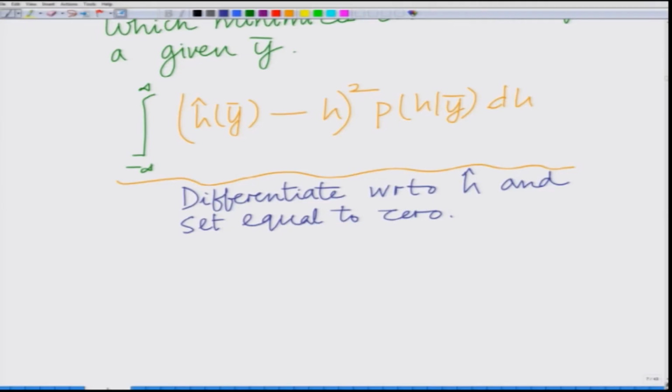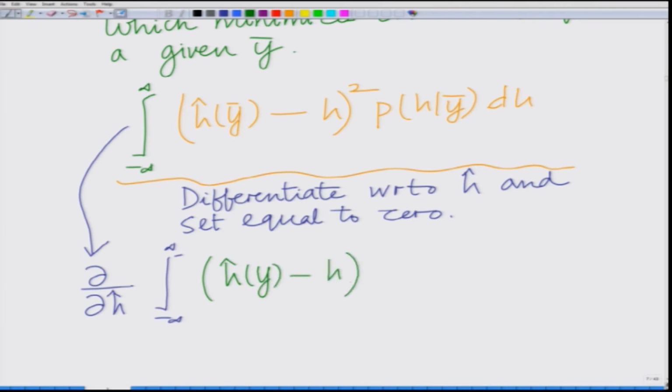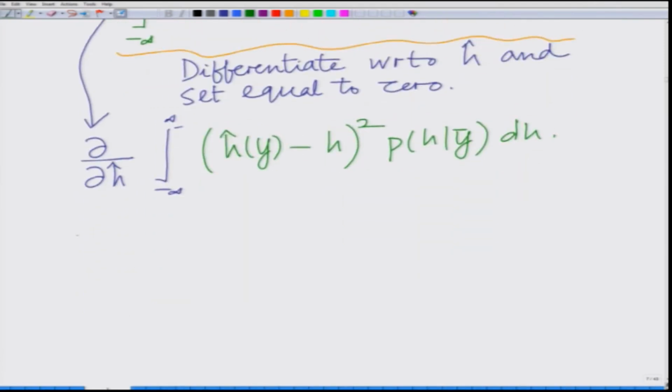All right. So, now we differentiate this with respect to h hat. Take the derivative inside, interchange the derivative and the integral.